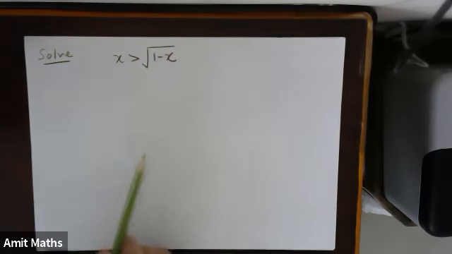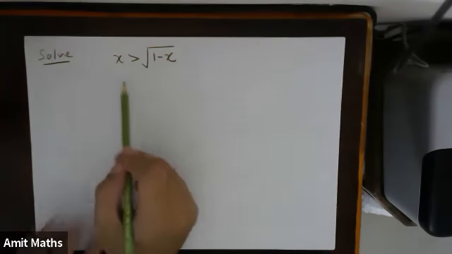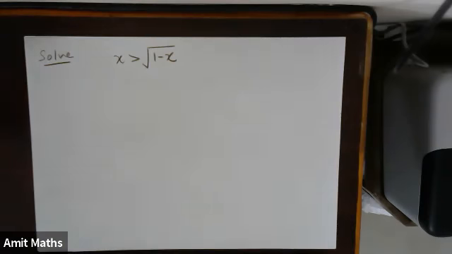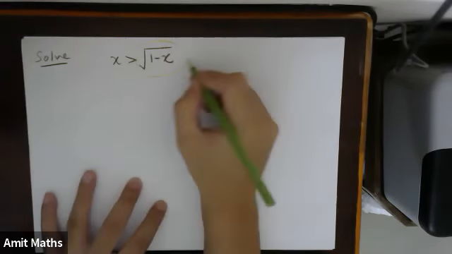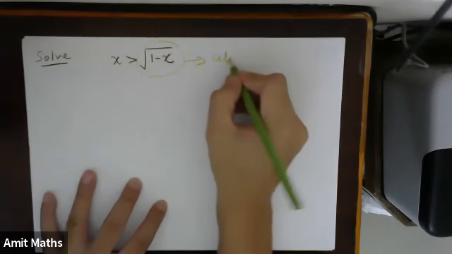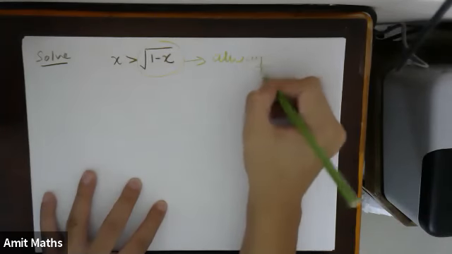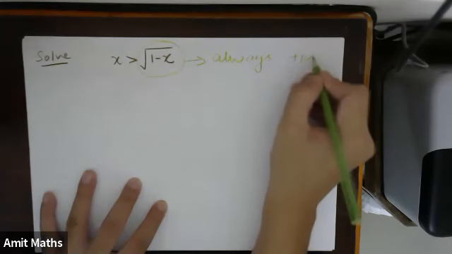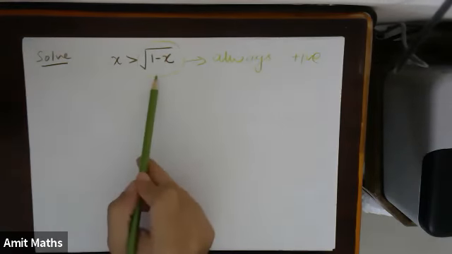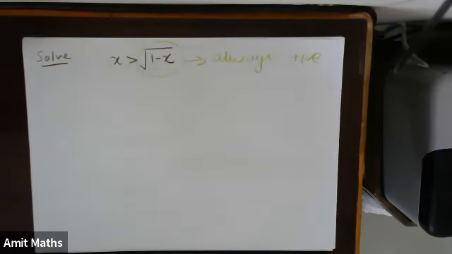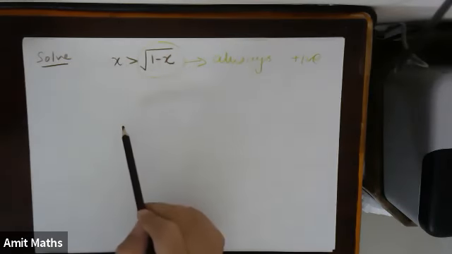Okay, so the first part I look at is that the root of anything is always positive. This root of 1 minus x is always positive.